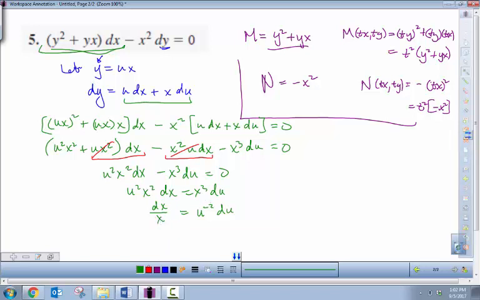So let's integrate this. We will get an ln of x on one side and a negative 1 over u on the other side. Let's put the plus c on the other side. So if we solve for this, we get u equals the reciprocal and the negative sign.